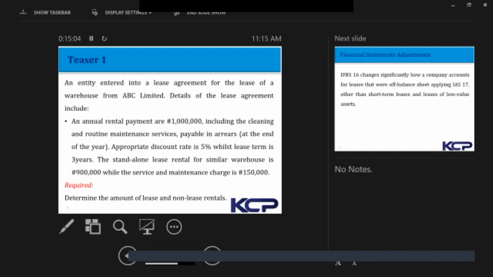To account for this within the purview of IAS 17, you are simply expected to debit the rental expenses in your P&L account, or in the P&L ledger as the case may be, and recognize the payment in the bank if it has been paid for.